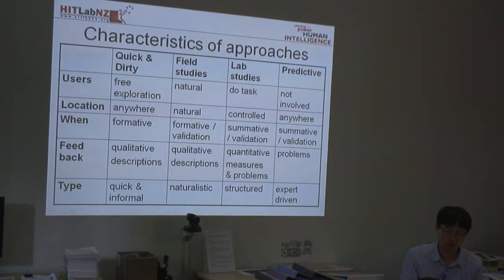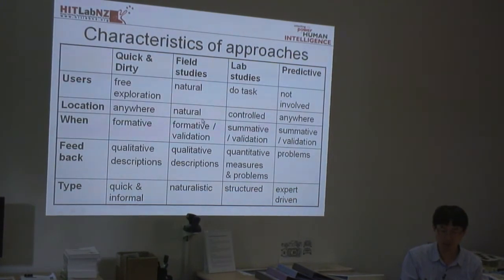In the quick and dirty stage, you might ask them to just freely try to use it, but with more formal lab studies, you might ask them to do certain tests so that you can compare certain errors or task completion time and so forth. And location-wise, quick and dirty doesn't really matter. The predictive method also doesn't matter since you're just checking against guidelines.